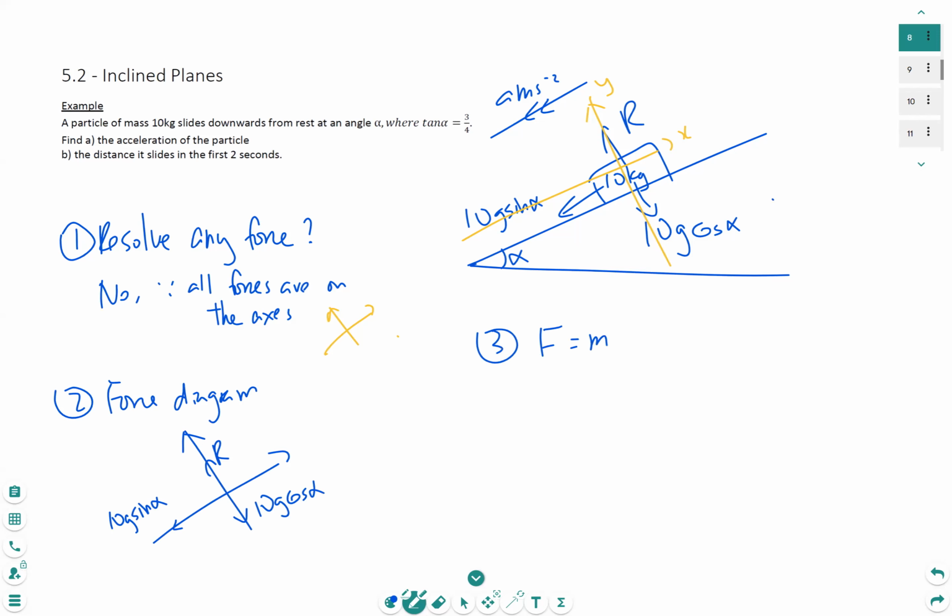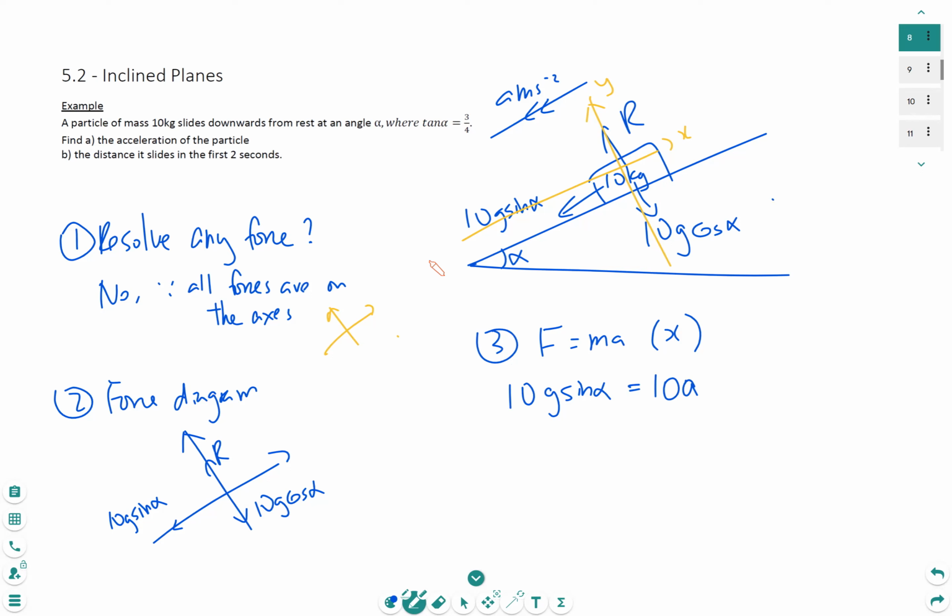So we use F equals ma in the x direction. On the x-axis, we only have 10g sine alpha. We're not using anything on the y-axis because, as I said, the acceleration is acting along the x-axis. So 10g sine alpha equals the mass 10 times acceleration, 10a.